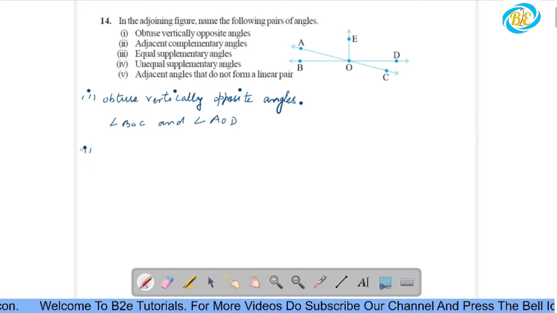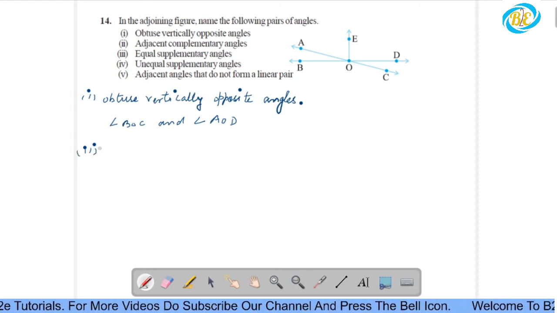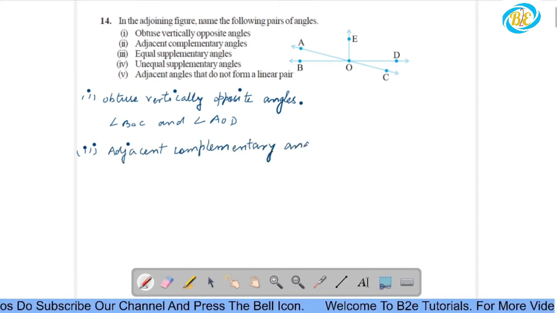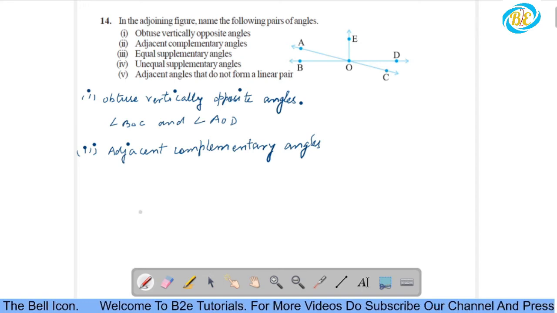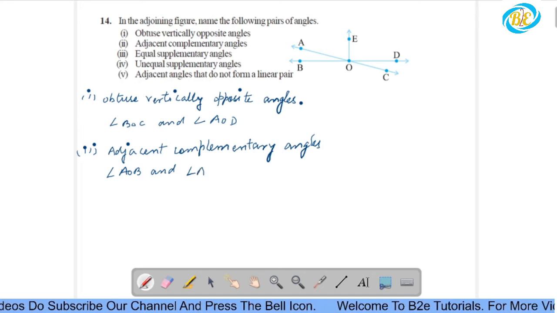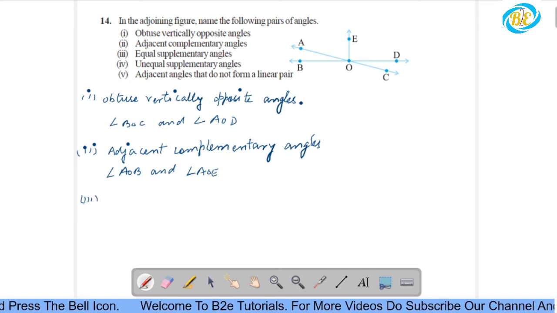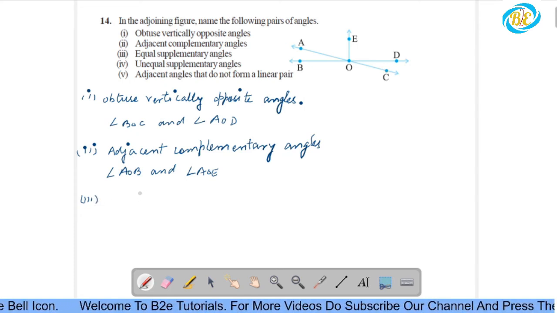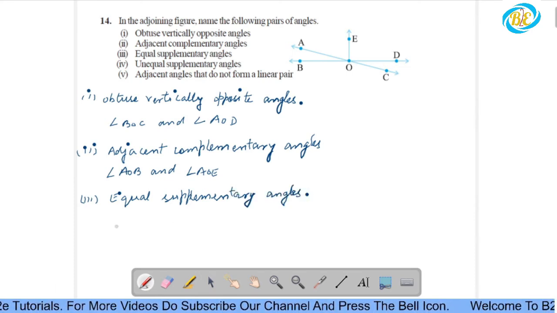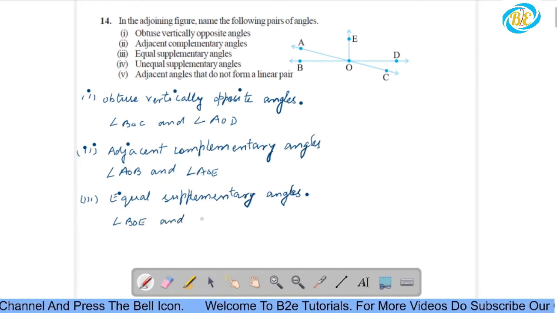Second, adjacent complementary angles. It is angle AOB and angle AOE. Then third, equal supplementary angles. Your answer is angle BOE and angle EOD.